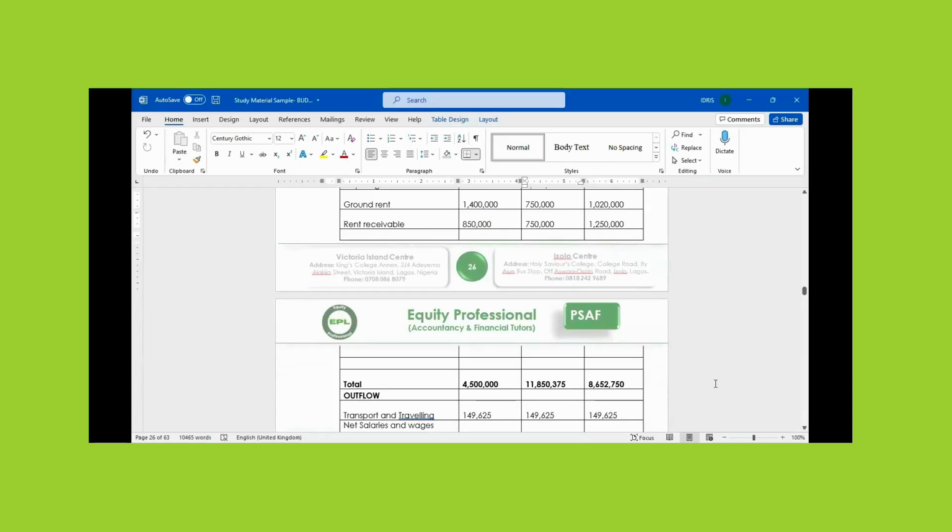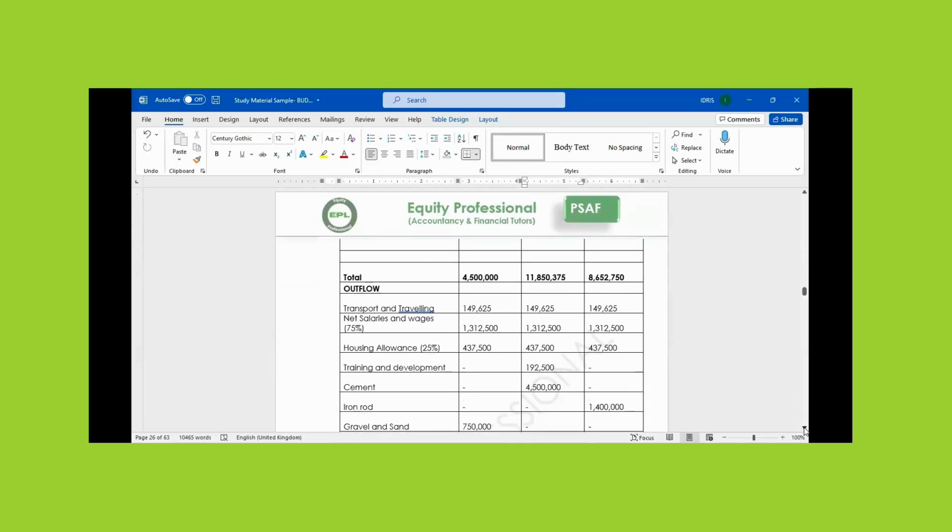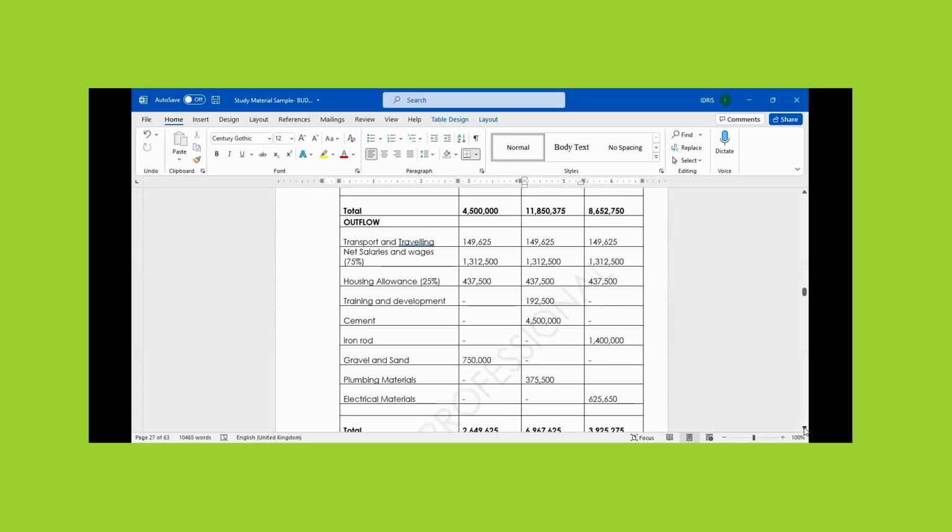The total outflow for February. What is the total outflow in February?